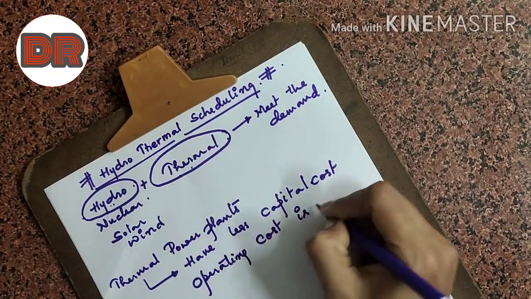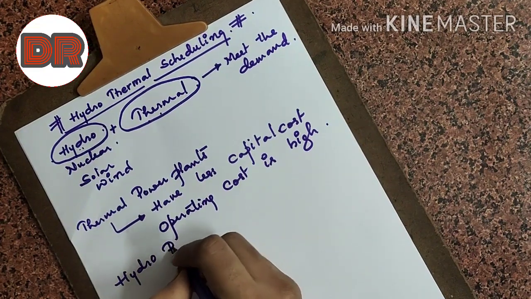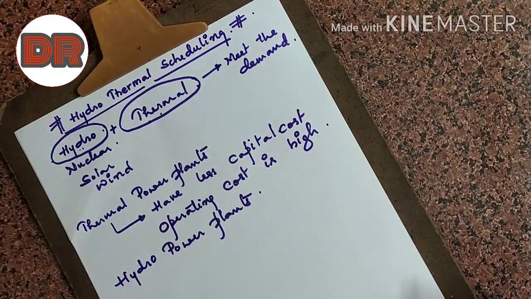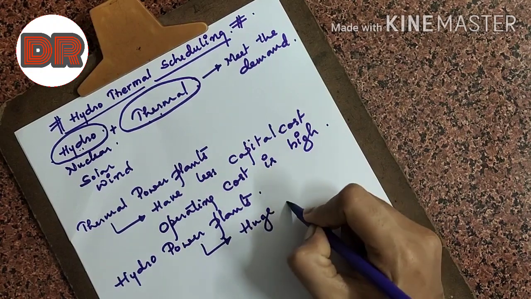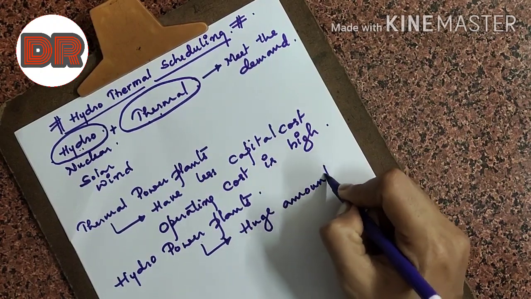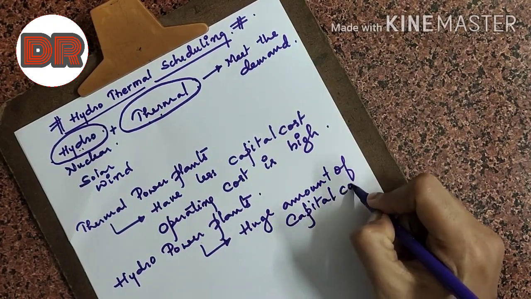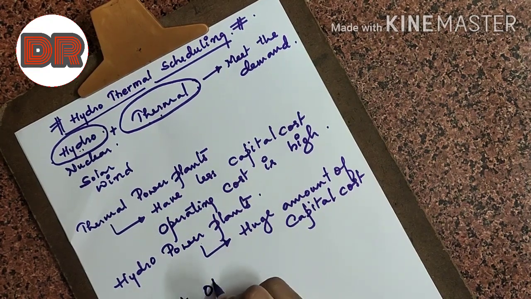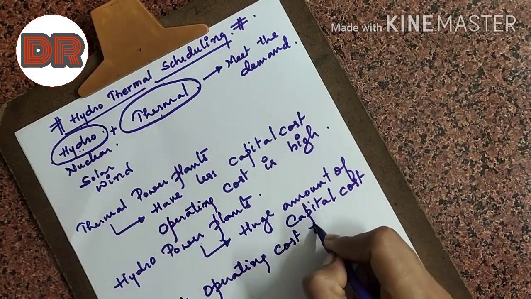Whereas if you see hydropower plants, these have a huge amount of capital cost, or we can say capital cost is very high, but the operating cost is less.